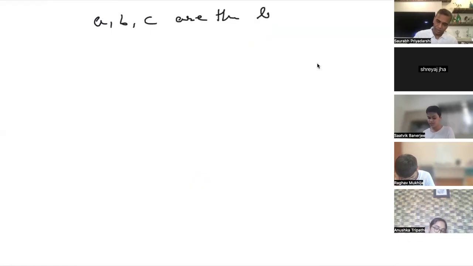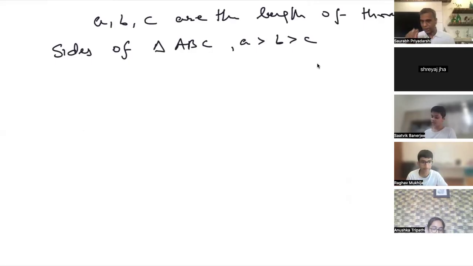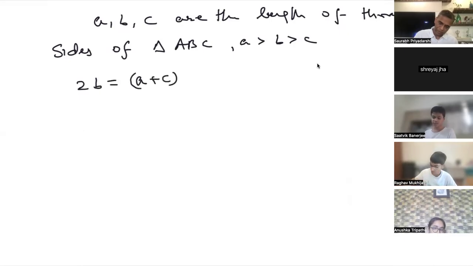a, b, c are the lengths of the three sides of triangle ABC, where a greater than b greater than c, such that 2b is equal to a plus c. Obviously, all are positive quantities. b is a positive integer, this is given.